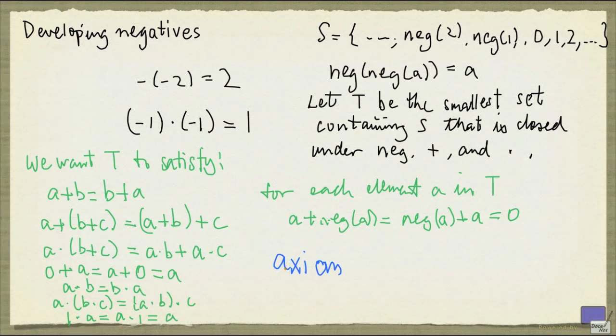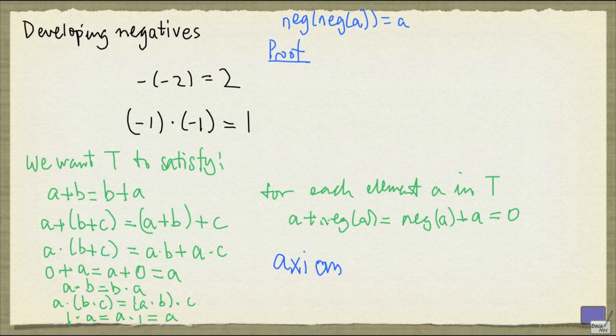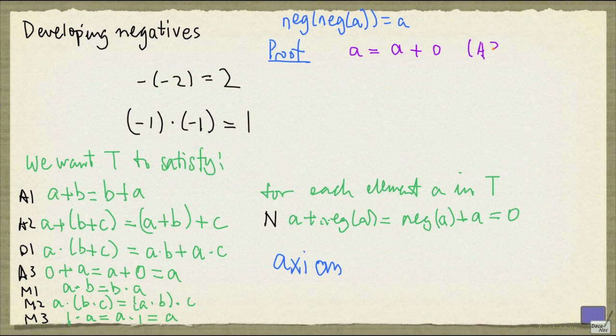Now with these axioms, we can prove that the negation of the negation of A is equal to A. First, I'm going to label these rules. So the proof is as follows. A can be written as A plus 0, and the reason is because of A3.